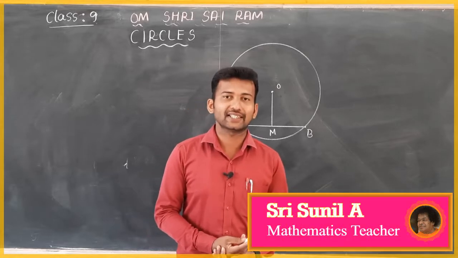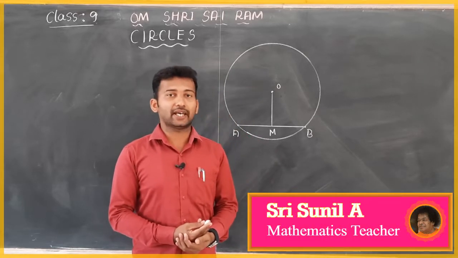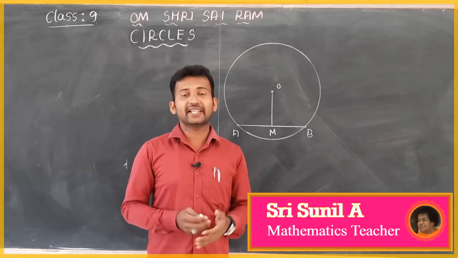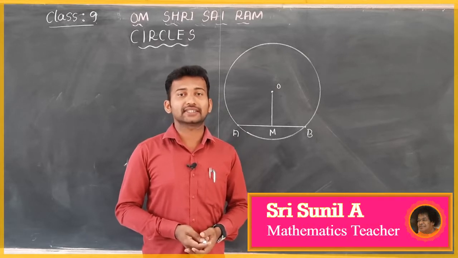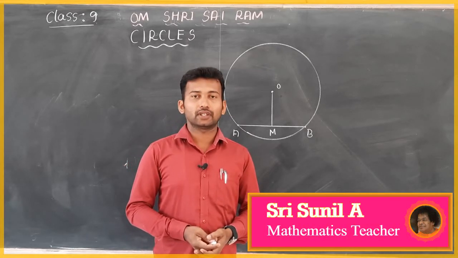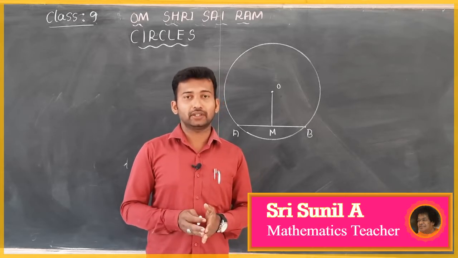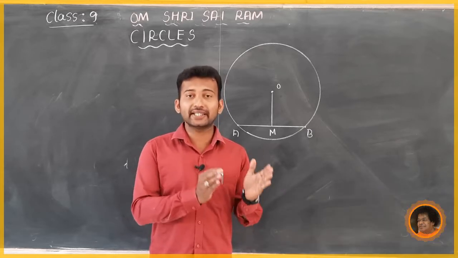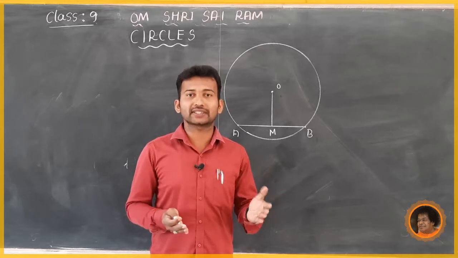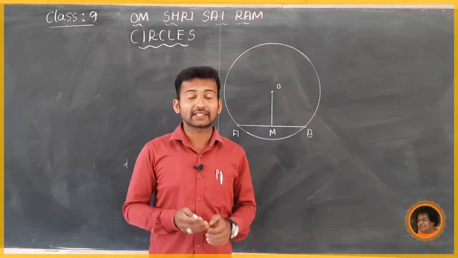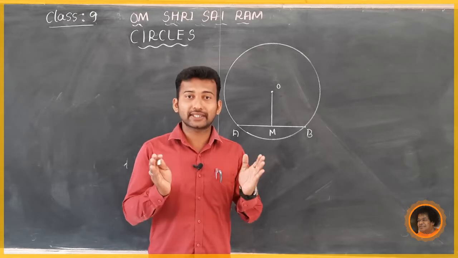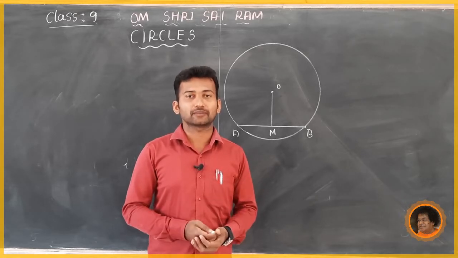Dear students, in the last session we discussed the angle subtended by a chord at the center. What is the difference between the angle subtended by different chords at the center and the angle subtended by equal chords at the center?